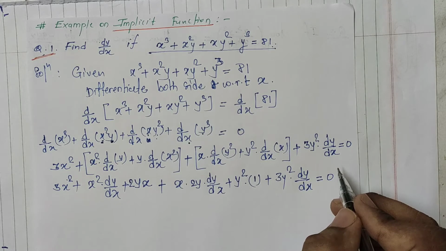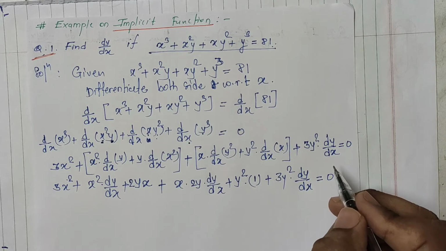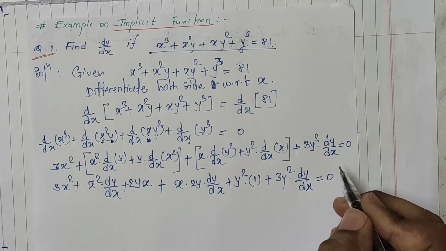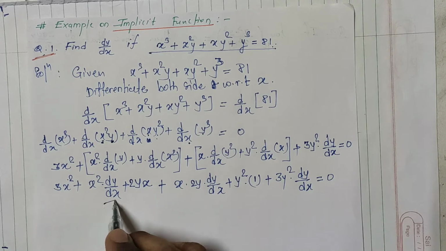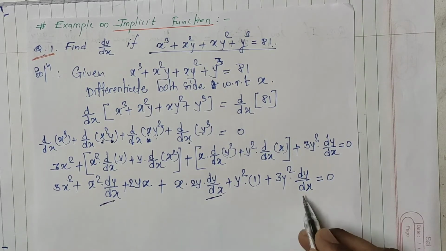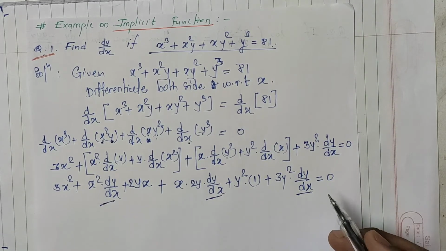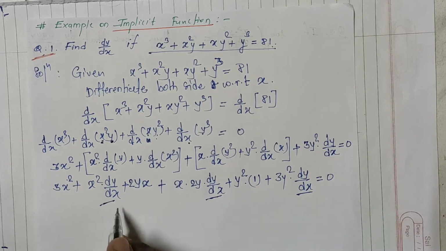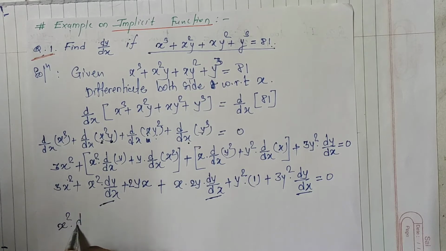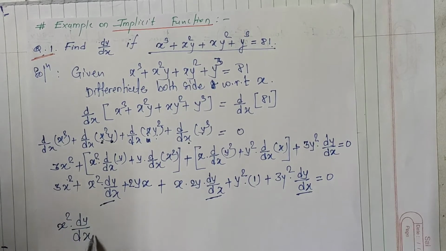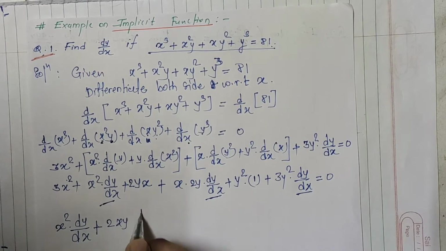Then we move to step number 2. What is our step 2? Step 2 is to collect the terms containing dy upon dx. Here is dy upon dx, dy upon dx. How many times? 3 times. Collect all the terms with dy upon dx on one side. First, x square dy upon dx. Second one, 2xy dy upon dx.